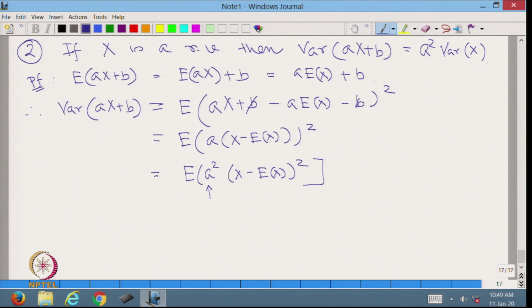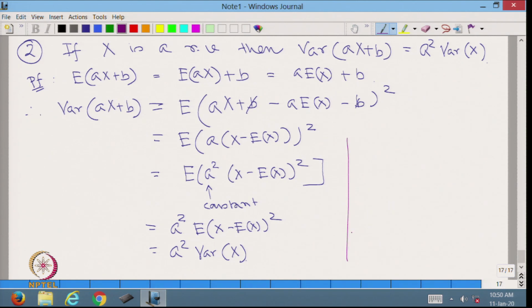Now, since this is a constant, and we know that expectation of a constant times a random variable is the constant times expectation of the random variable, we write it as a square into expected value of x minus expectation of x whole square, which is equal to a square into variance of x.